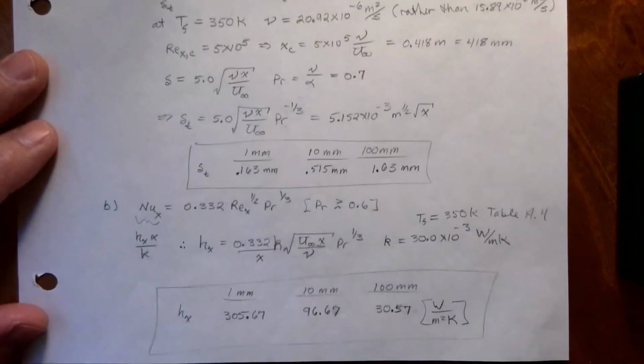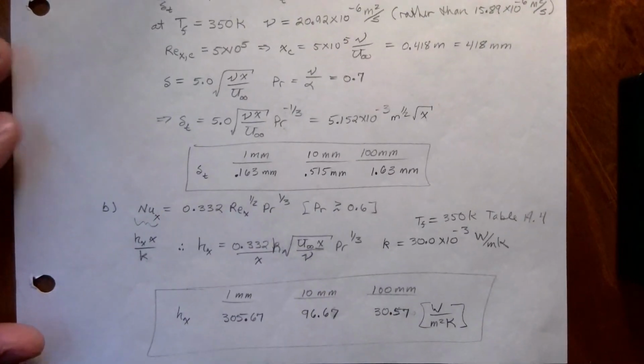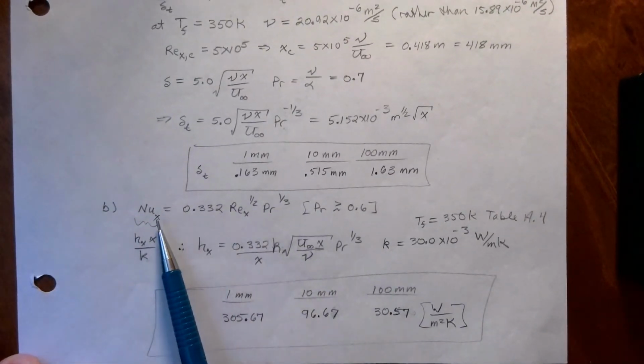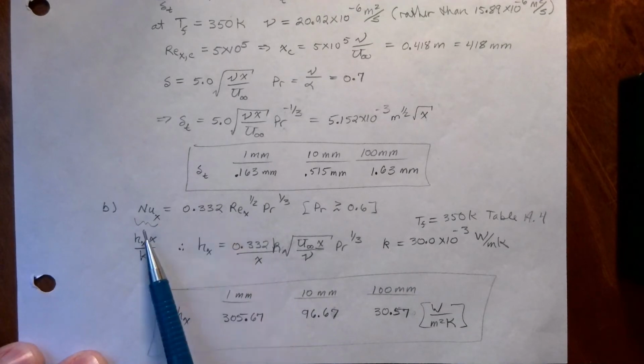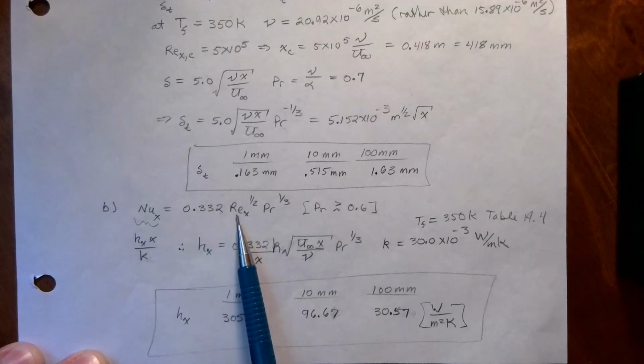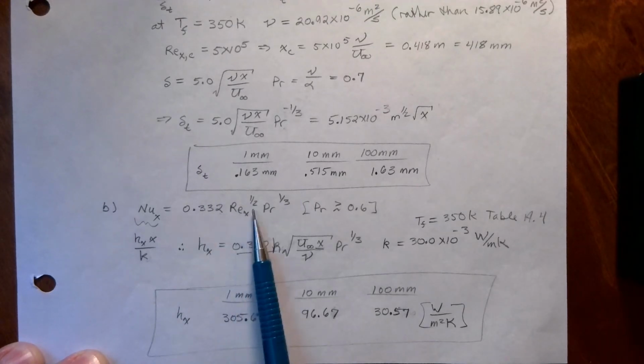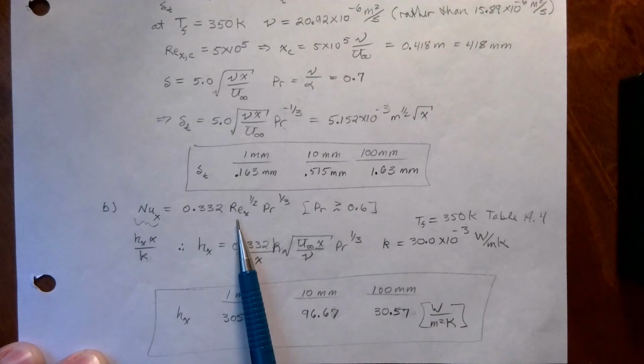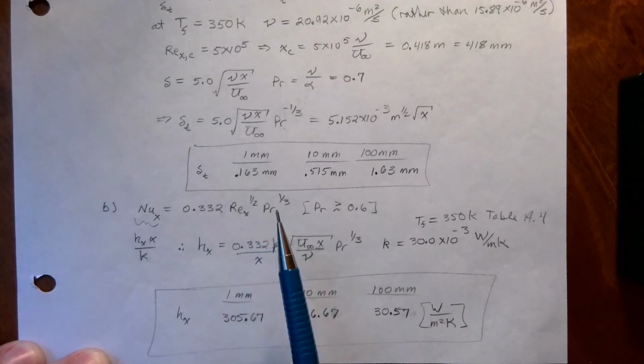For part B, we're going to evaluate the heat transfer coefficient. So we're going to use the Nusselt number correlation. This Nusselt number is h, the local heat transfer coefficient, times x, distance from the leading edge, divided by k of the fluid. That's equal to a constant times the Reynolds number to the 1/2, U times x over nu to the 1/2, times Prandtl number to the 1/3.